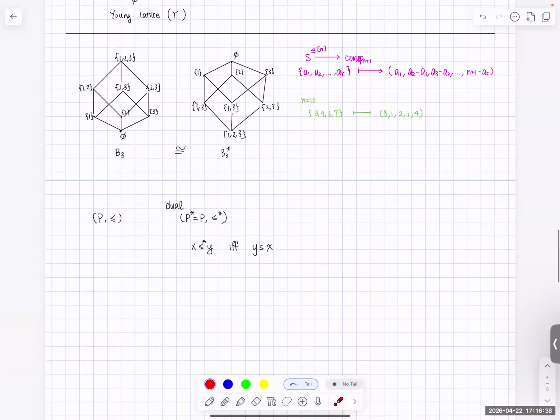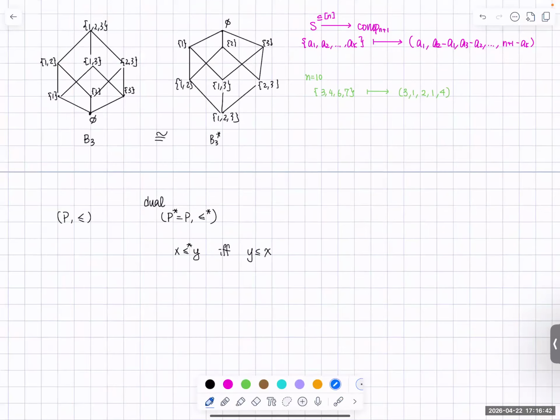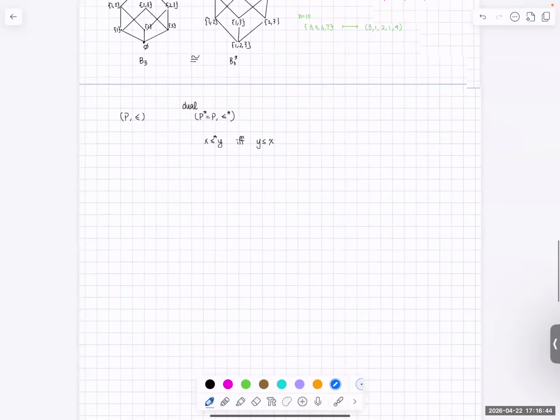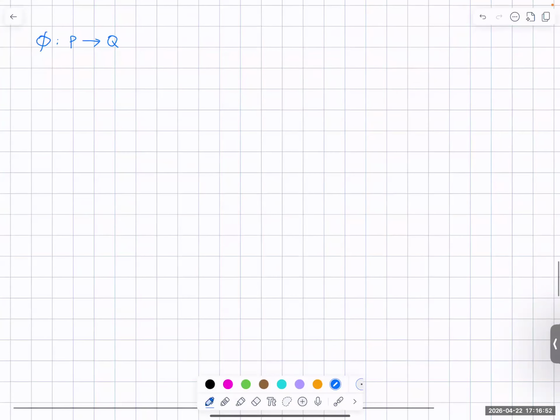All right, so now you can see that I use isomorphism here. So I'm just going to define what is an isomorphism. If I have P to Q is an order preserving map, what does that mean?